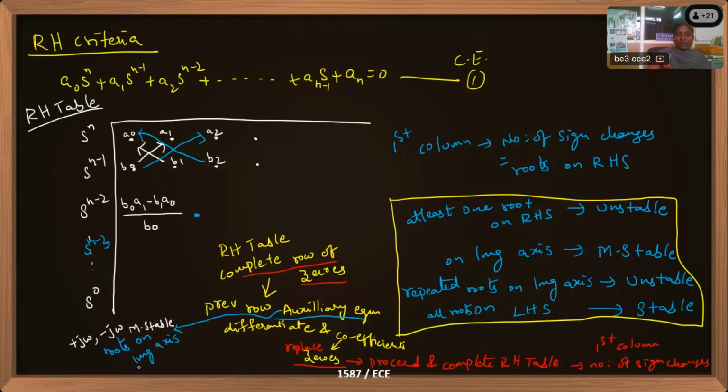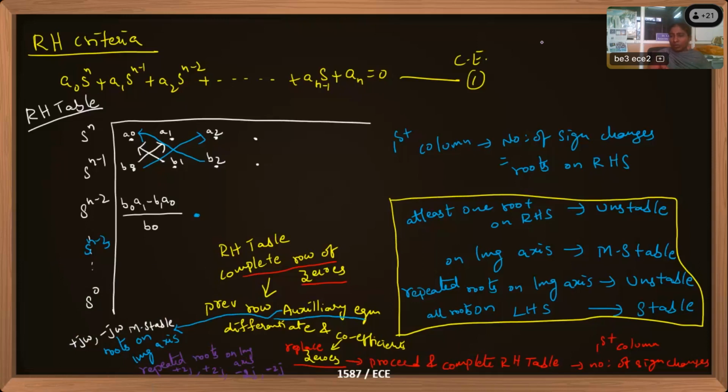If there are repeated roots on the imaginary axis, like plus 2j, plus 2j, minus 2j, okay, roots will be complex conjugates, no? Minus 2j, two times it is coming.